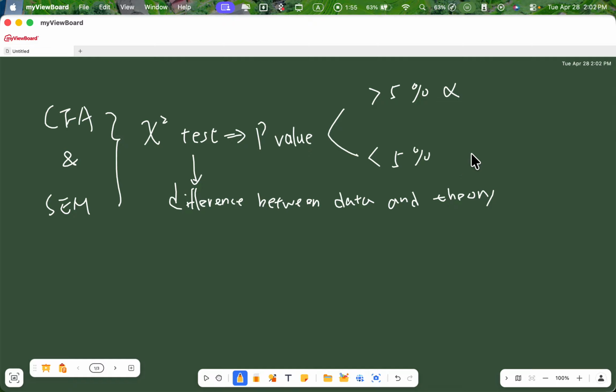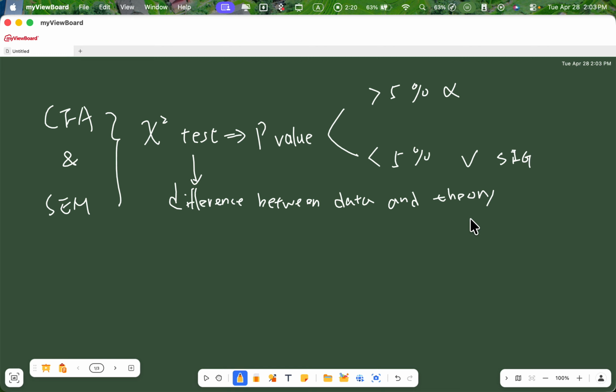Less than 5%. So you select this one. So what does that mean? It means there is a significant difference between data and theory. Less than 5% means it's significant, right? A significant difference between data and your theory.